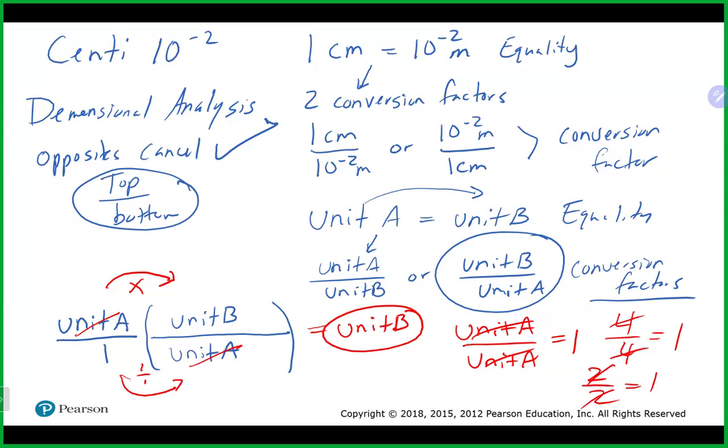All right, so now that we took that little detour, let's go back to our centimeters here and kind of put it together with what we're talking about. Maybe I'll just go one more page over here. So again, we had our 1 centimeter is 10 to the minus 2 meters.